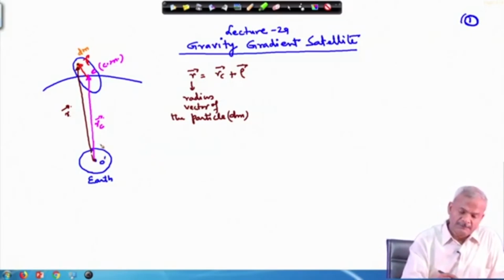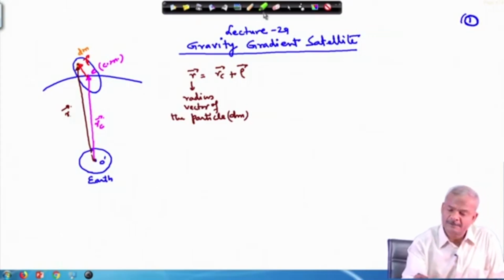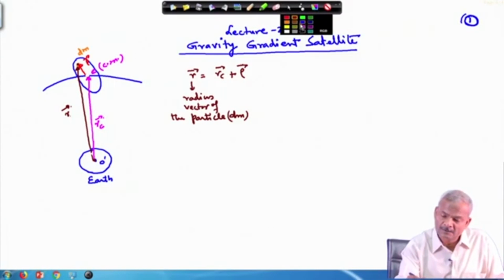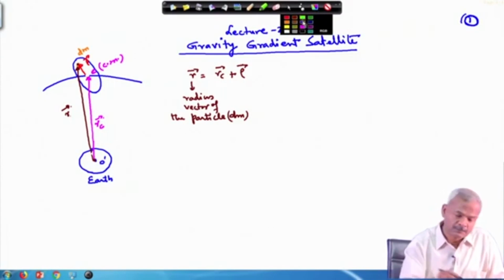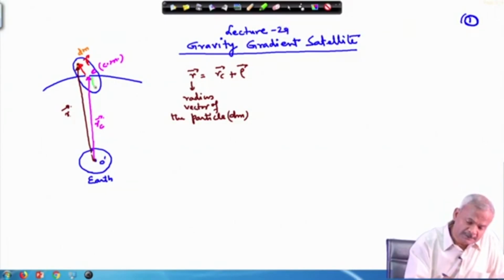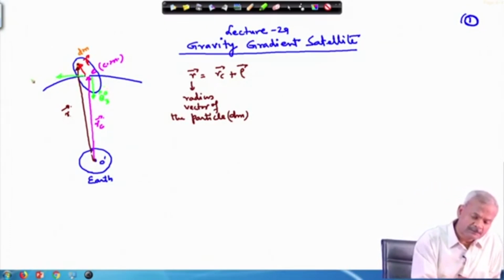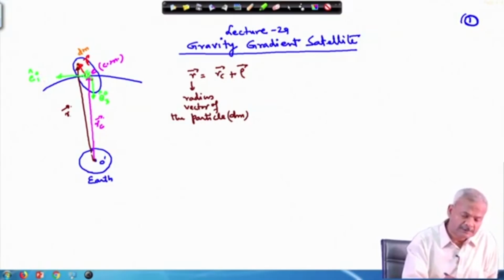Then if you remember, we fixed the triad about this point. Along this direction we took E O 3 cap, and along this direction we have shown E O 1, and 2 is going into the page.